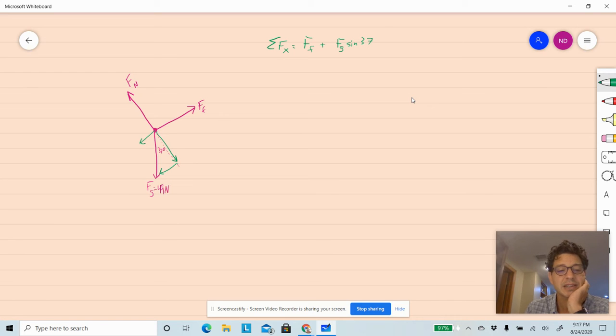Opposite side is sine. SOHCAHTOA. Opposite is sine. 37 degrees. And again, since all of this is down the ramp, we'll call it negative.